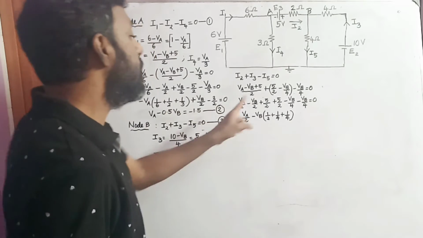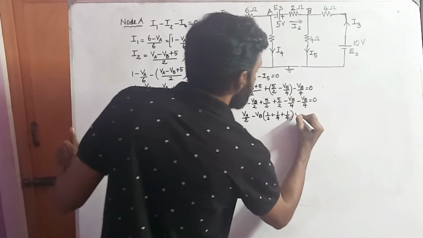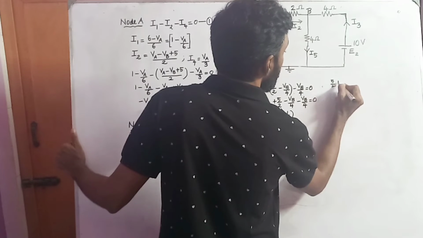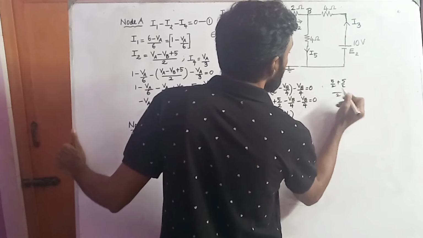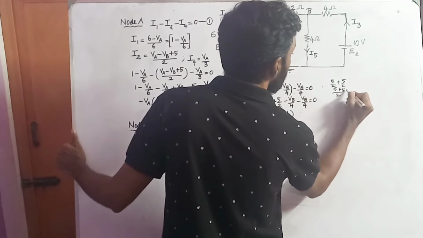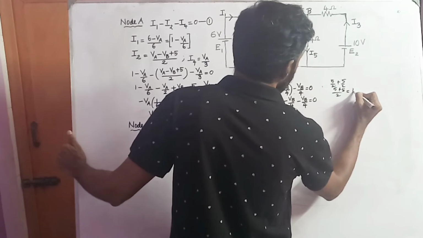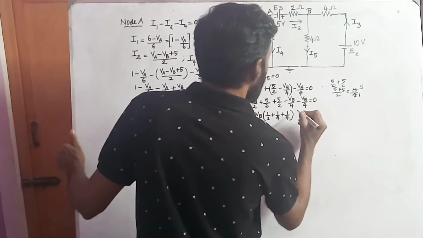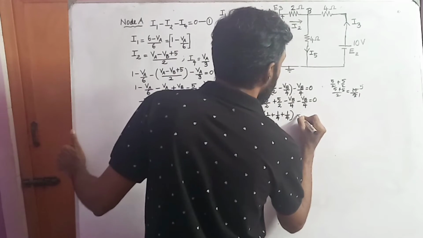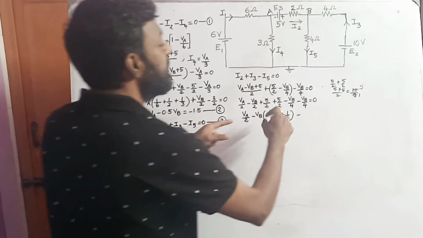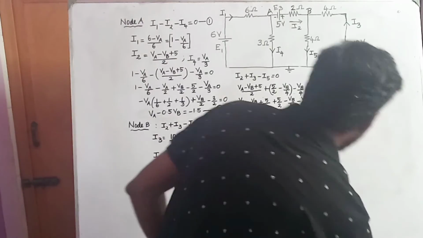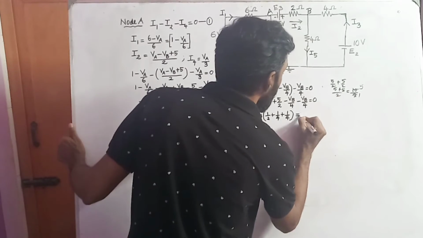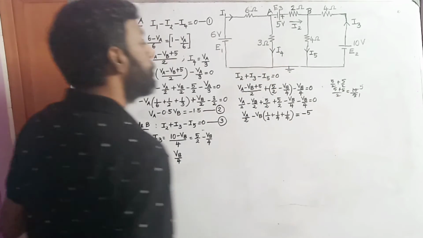Then plus 5 by 2 plus 5 by 2. What is 5 by 2 plus 5 by 2? It is 5 plus 5 over 2, so 10 by 2, which is plus 5. When it is taken to the right hand side, it will become minus 5, equal to minus 5.